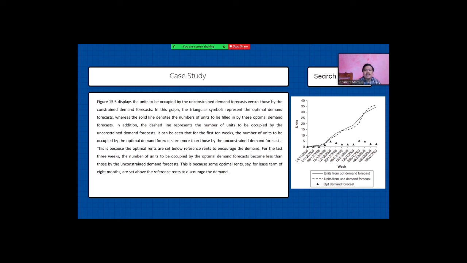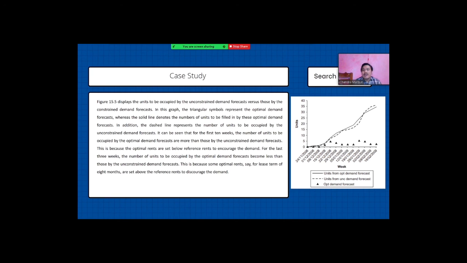It can be seen that for the first 10 weeks, the number of units to be occupied by the optimal demand forecast is more than that by the unconstrained demand forecast. This is because the optimal rents are set below the reference rent to encourage demand.